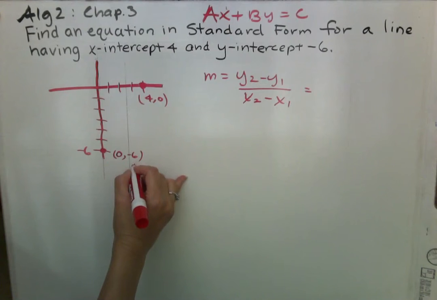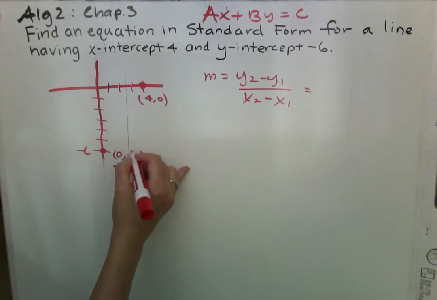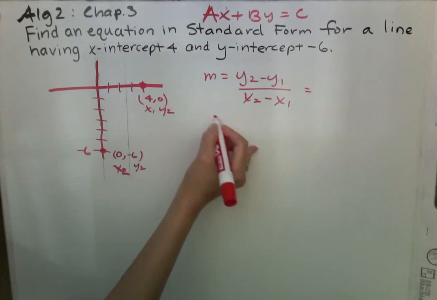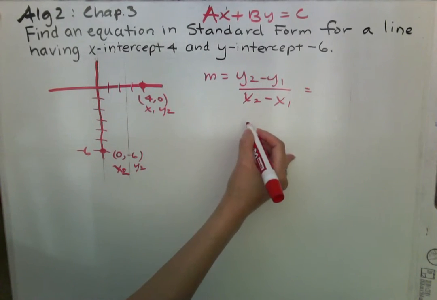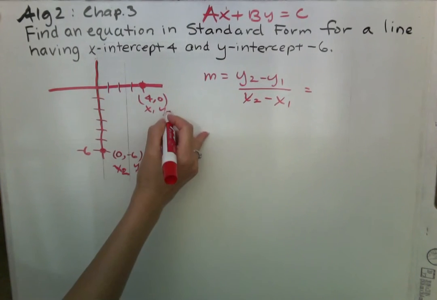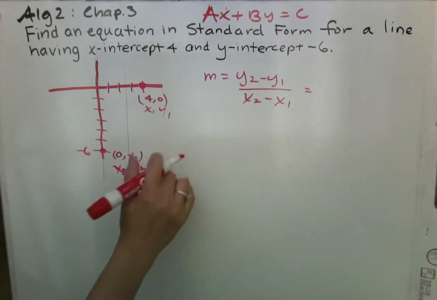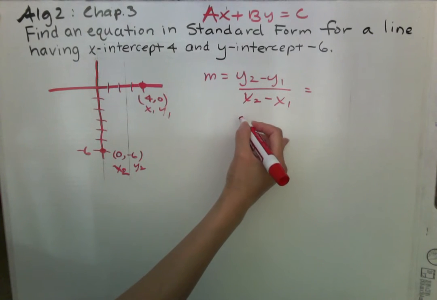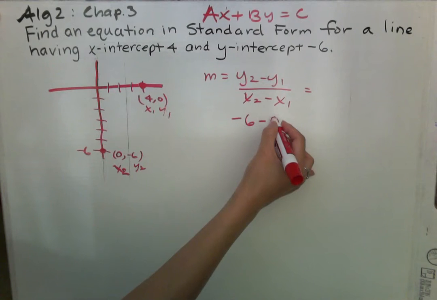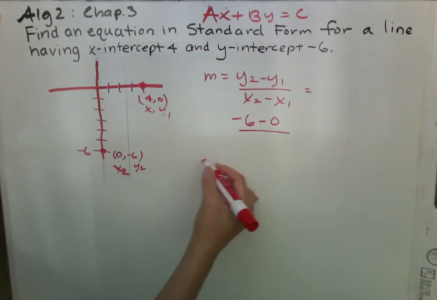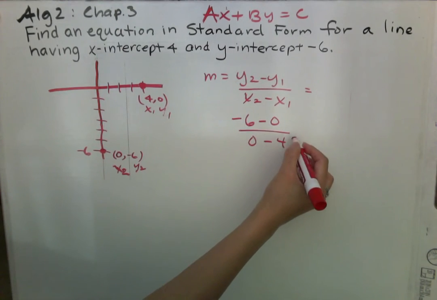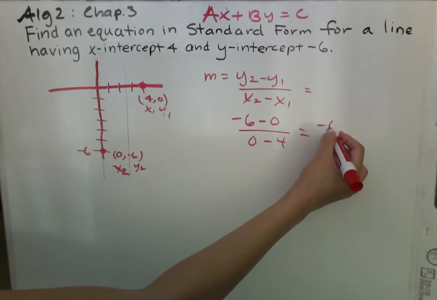So this is your x1, y1, and x2, y2. So your y2 is your -6 minus 0, which is your y1, over x2, which is 0, minus 4. Go ahead and solve for that.